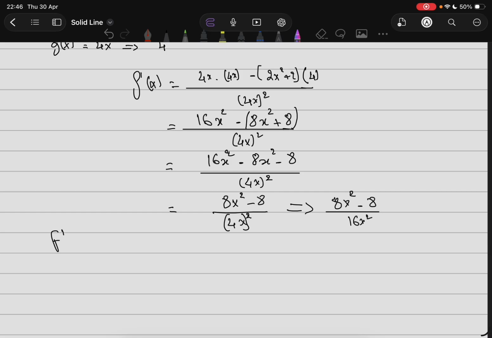Now we're going to take the second derivative. We're going to follow the same steps. It's also the quotient rule.